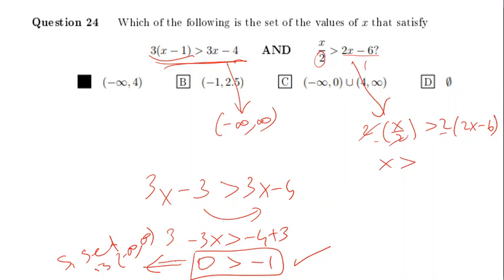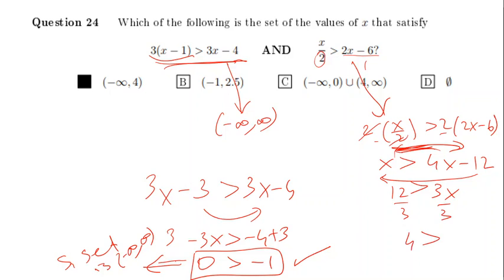So we have x bigger than 4x minus 12, and let's send this one to the side and this one to the other side. So it will be 3x divided by 3, so we will end up with x is less than 4.